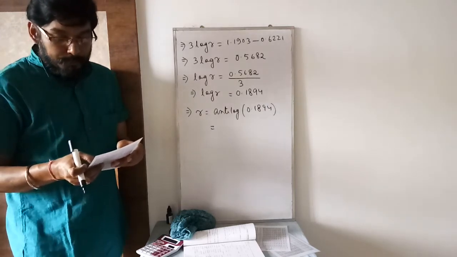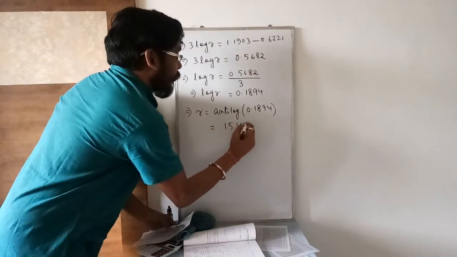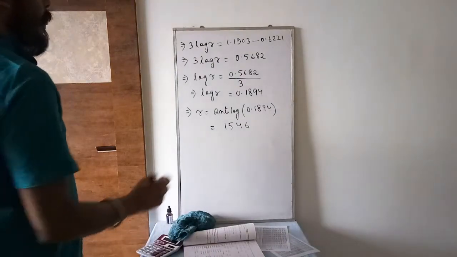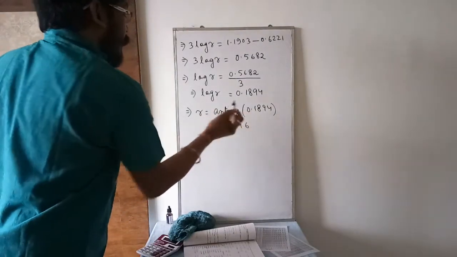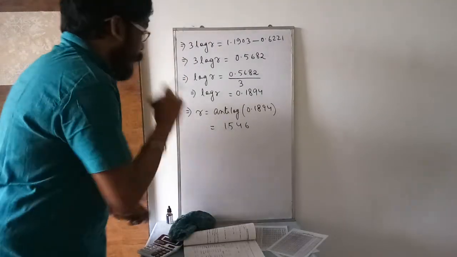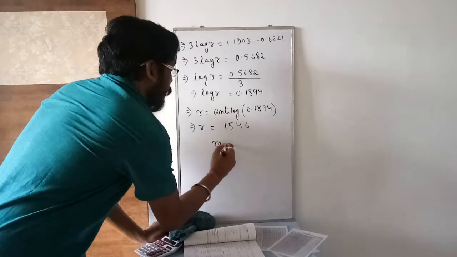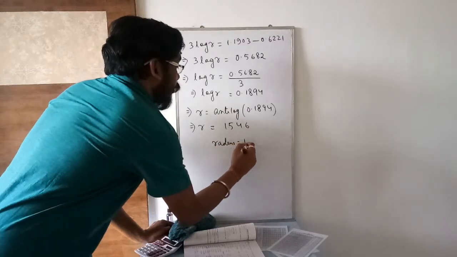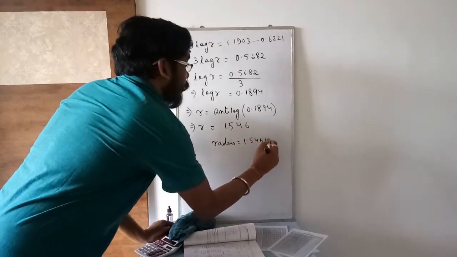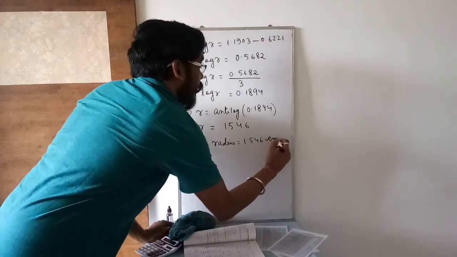So you will get 1546. The characteristic is 0, so the decimal comes after 1 digit: 1.546. Therefore radius equal to 1.546 centimeter.